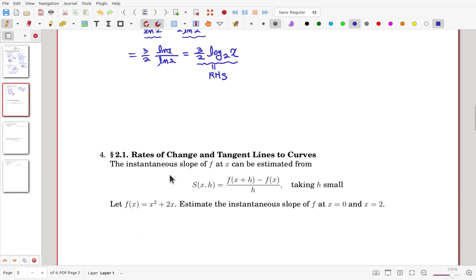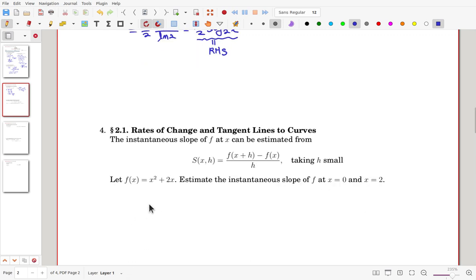Now, the instantaneous slope of f at x can be estimated from the average slope by taking h small, and we can do that. Now for the given function f(x) equals x squared plus 2x, we want to estimate the instantaneous slope of f at x equals 0 and x equals 2.